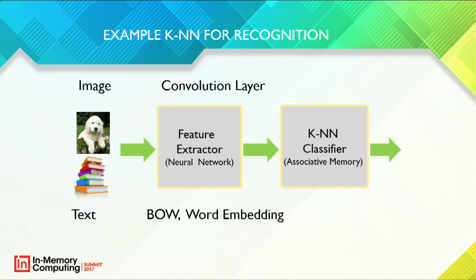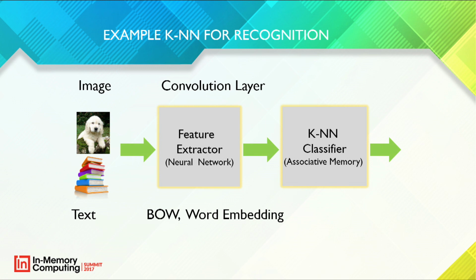Now if we want to do a search, if we take any type of signal, it can be image or text or speech or whatever, we have to do some feature extraction on the data. For example, for an image, for people with knowledge in deep learning, we can do some convolution layers on the data, so we can convert any image to features.